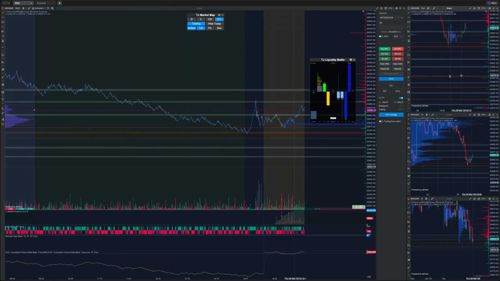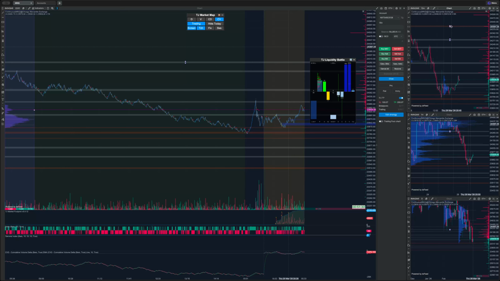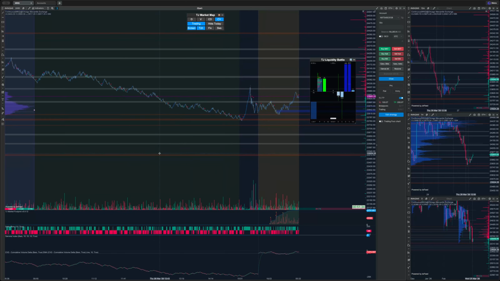Okay, and then we're going to take this one here and maybe something more up there, and the high of yesterday. So that is the area we are trading in Asia.